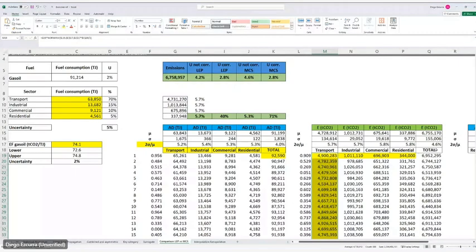So in the end, what I have was 500 values of the emissions associated to the gas oil consumption in each of the sectors.